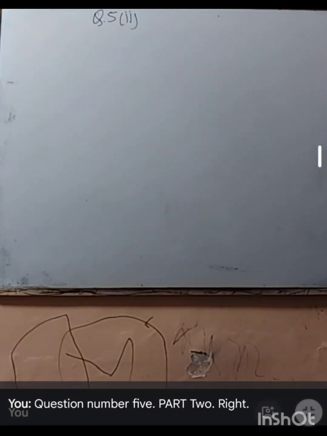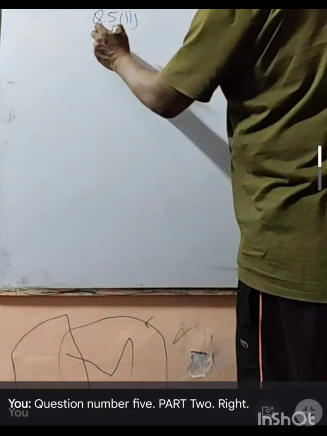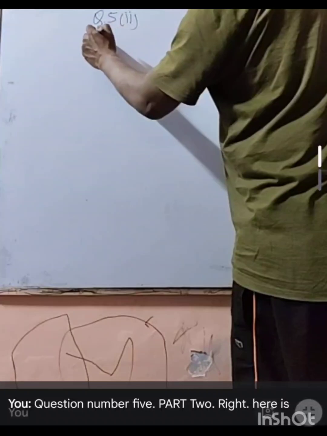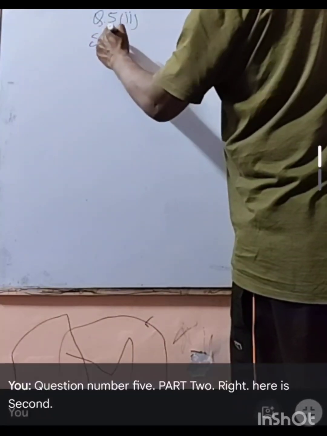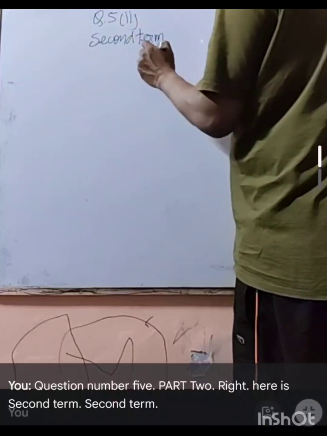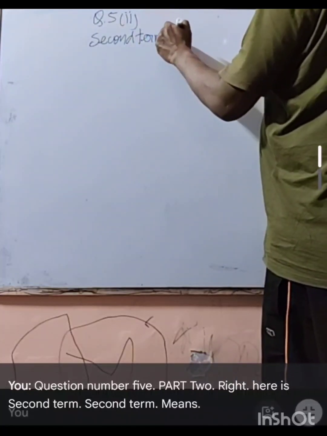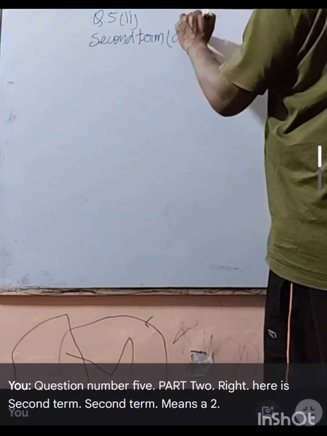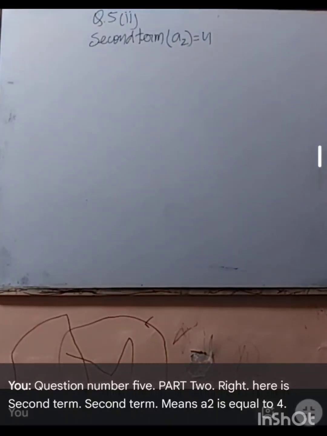Here the second term means A2 is equal to 4, right?